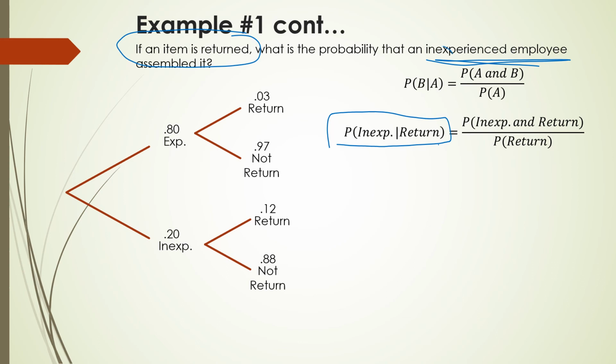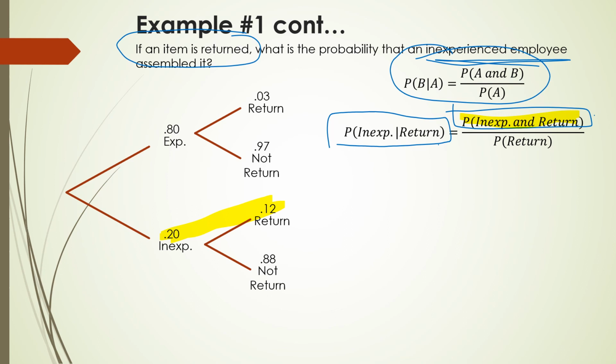So this is the formula we have to use. So basically it says that you need this branch. You need the branch to get this math right here. I should use a different color. So to get that branch right here, let's do highlight. You need inexperience in return. You need these numbers right here. So that's going to be your numerator. And then the probability of return, you just figure that out.